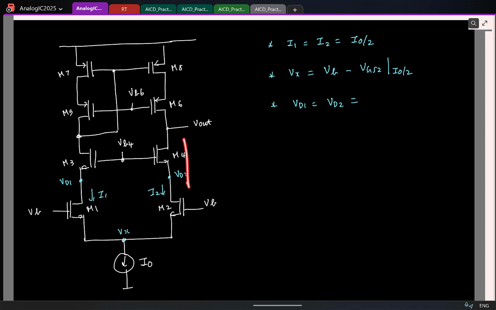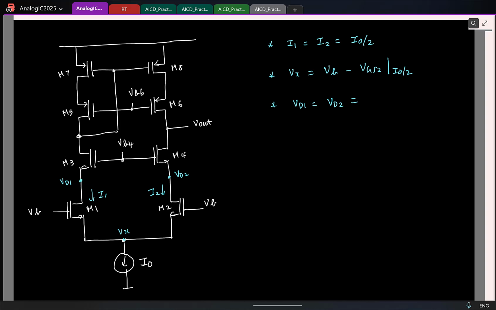What can you say about the current through the transistors? I0 by 2. So which means now you can think of it like this. I have this transistor. At the bottom I have a current source with a value I0 by 2. I am fixing the gate voltage. So which means the source voltage has to get fixed so that it carries the required current. Correct? You can think of this as a constant current biasing being done for this transistor now.